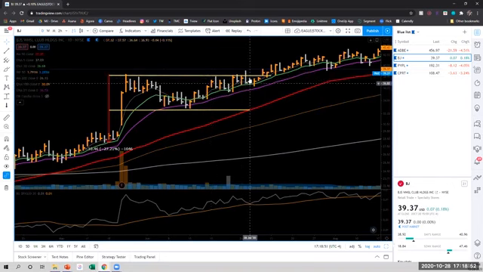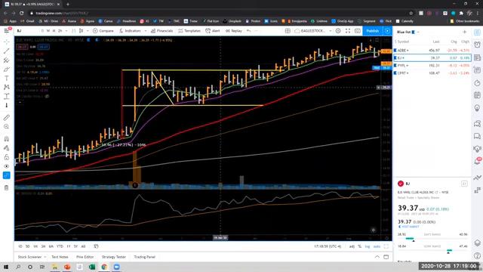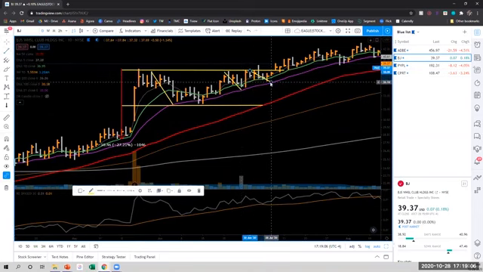The bars themselves, not just this coming down to here, and then this coming down to here, and then this coming down to here. That's volatility contracting as well, but also the bars themselves are getting tighter and tighter.